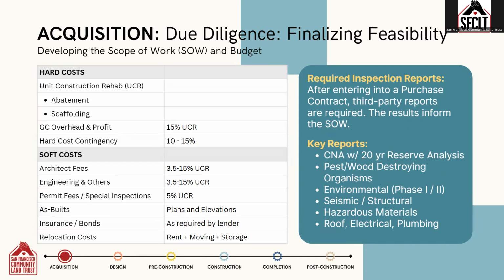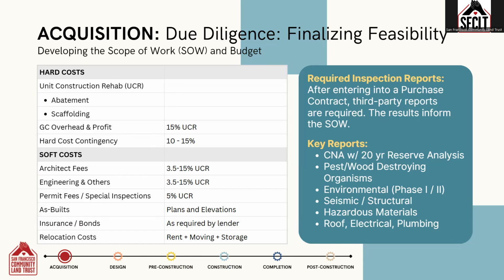Some key reports that are typically required by lenders during the acquisition phase are a CNA with a 10 or a 20-year reserve analysis, a pest and wood-destroying organisms report, an environmental report, seismic or structural investigation and report, hazardous materials report, and then reports for the major building systems like the roof, the electrical system, the plumbing system.